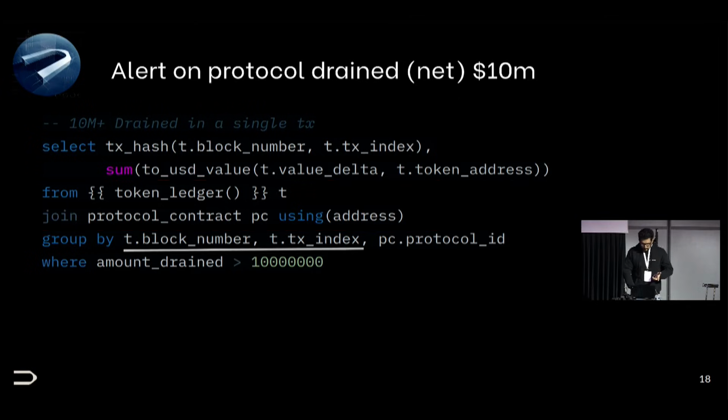We group by the transaction, and we also group by the protocol, because we're reasoning about one protocol at a time. And then we aggregate those results. Over here, we use the same function to get the value, but we aggregate. And then we check whether the net amount drained is greater than a particular value in that transaction for that particular protocol.